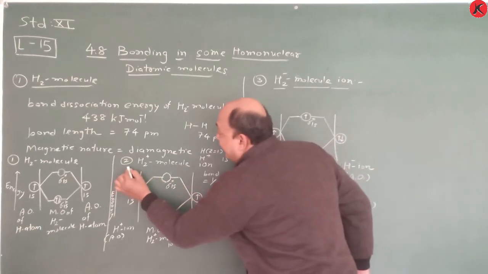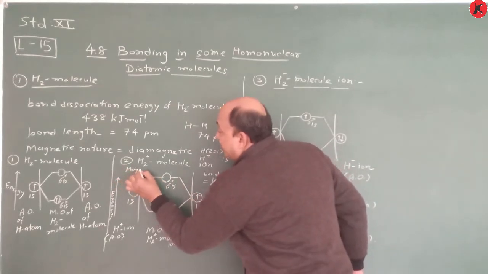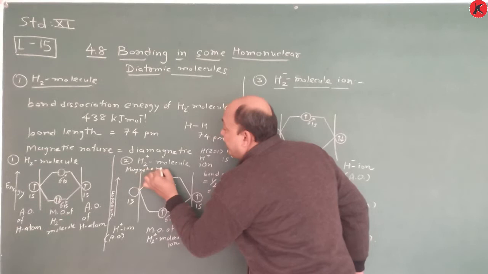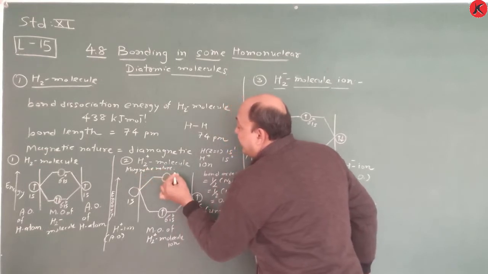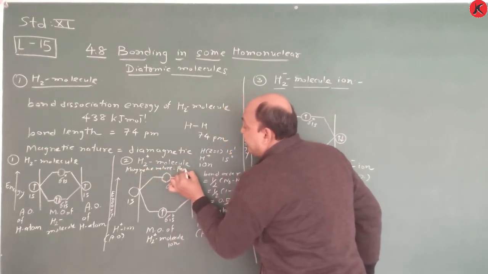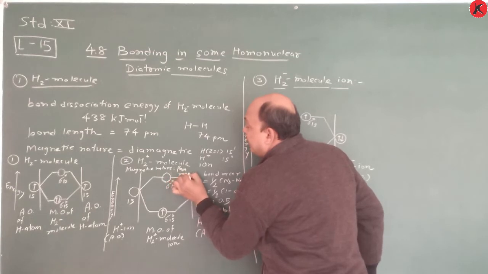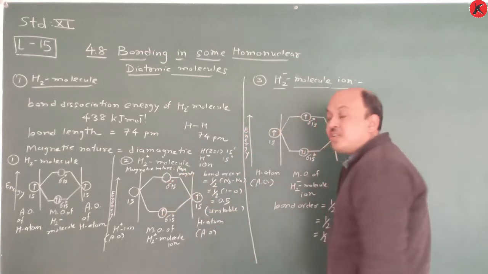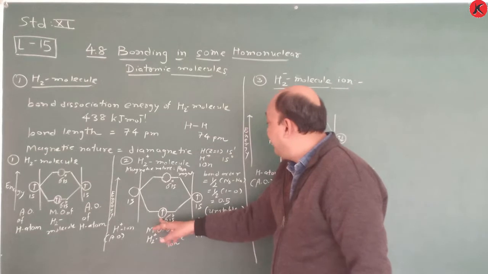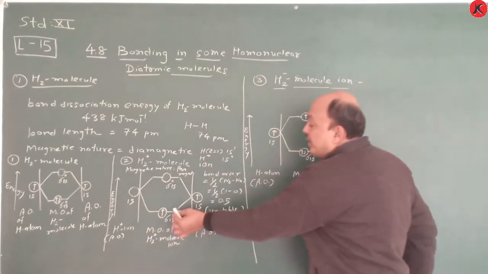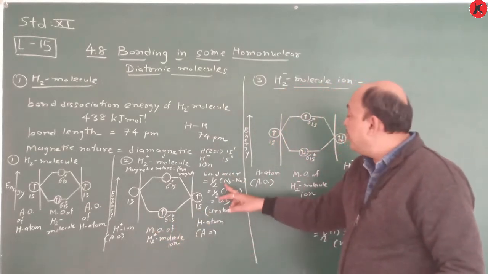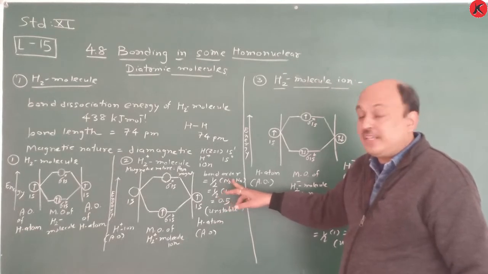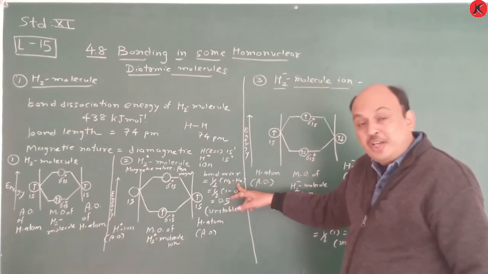I write it here: magnetic nature, which is not given in your textbook. Remember, it is paramagnetic. What is the reason? Because an unpaired electron is present. That's why it's paramagnetic. Okay, bond order. Bond order is equal to 1 upon 2 times electrons in bonding orbital minus electrons in anti-bonding orbital.